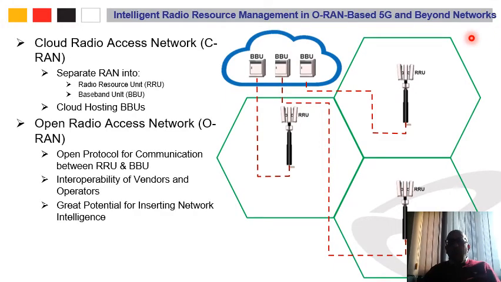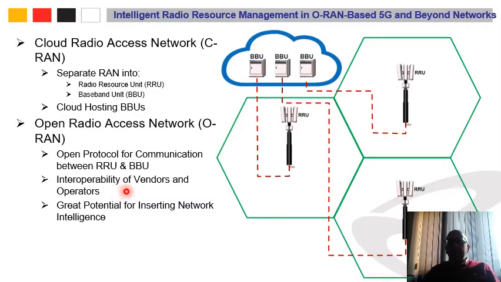Now, the idea of Open RAN, which is the next generation, means that this interface, in order to communicate between here and there, between the RRU and the BBU, there is a protocol for that. And this protocol in the CRAN is proprietary. It means that Ericsson has its own protocol, Nokia has their own protocol, and so forth. Now, the word open means that the protocol between RRU and BBU is open, and this creates an avenue for interoperability between different vendors and operators.